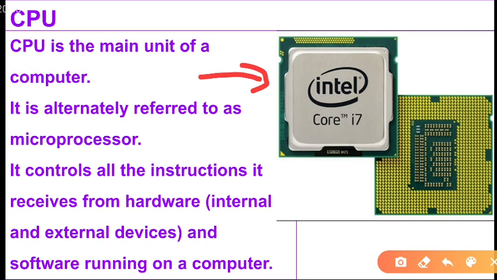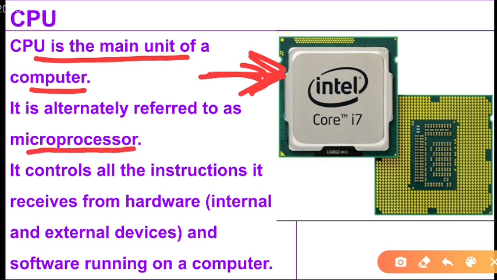This is your CPU, students. Earlier you used to think that the CPU cabinet is your CPU, but no, this is your CPU. The CPU is the main unit of a computer. It is also called the microprocessor, so you can call your CPU a processor or microprocessor.